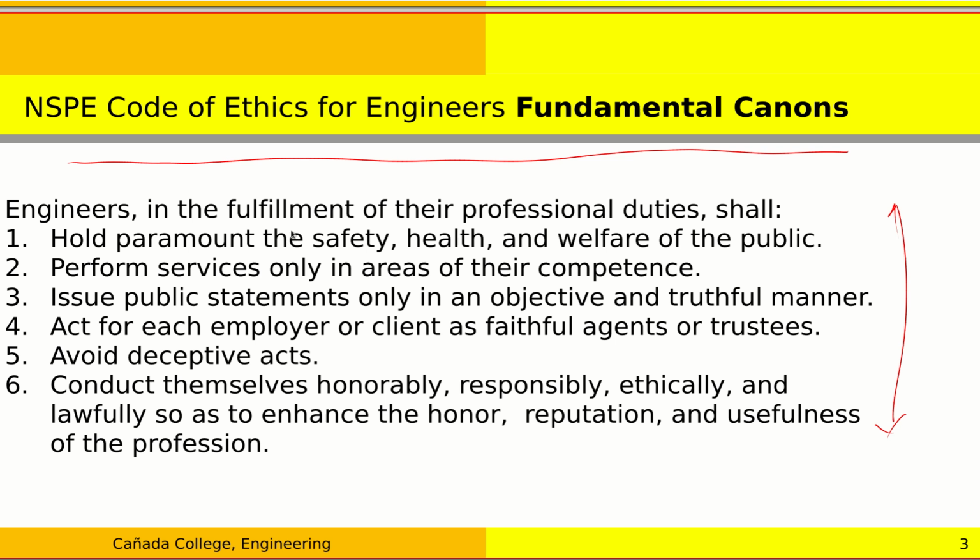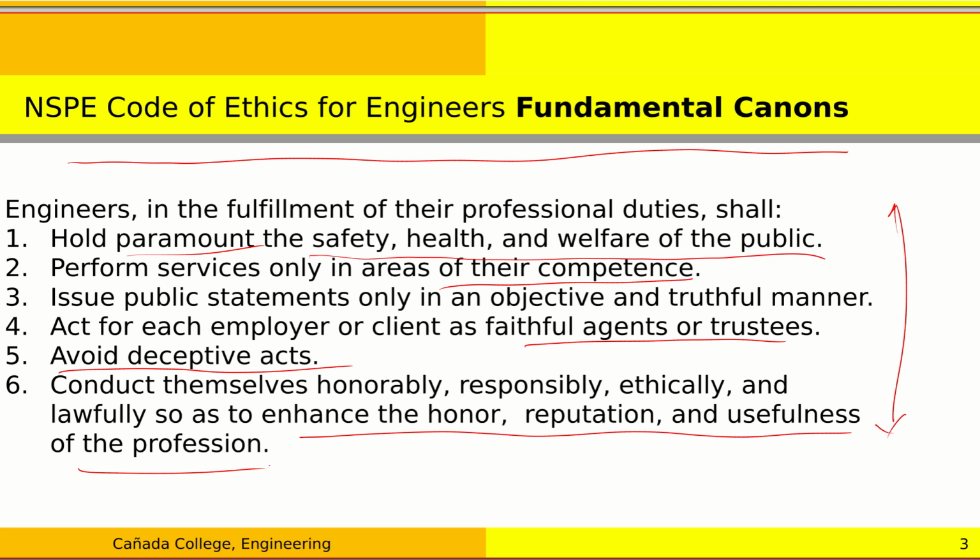For example, holding the safety, health, and welfare of the public as paramount, perform services only in areas of your competence, issue public statements only in an objective and truthful manner, act as a faithful agent or trustee for your employer and client, avoid deceptive acts, and conduct yourselves with honor, responsibility, ethics, and legal aspects. So you uphold the values of the profession.